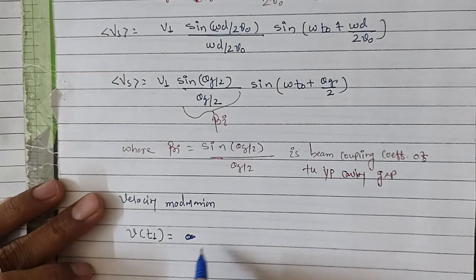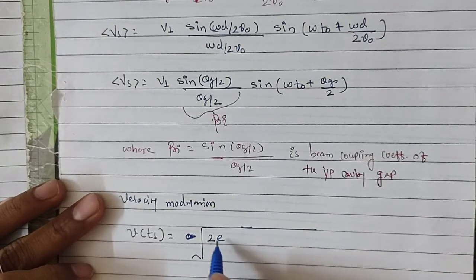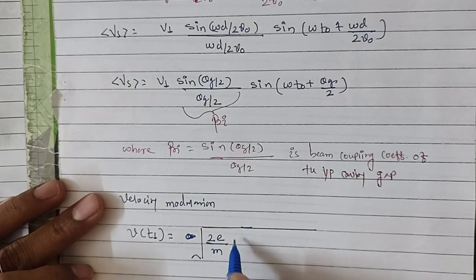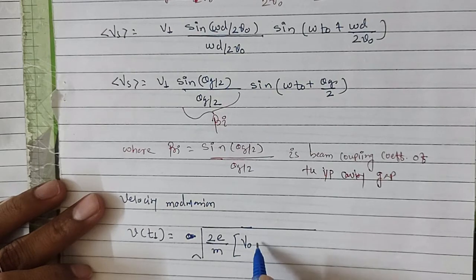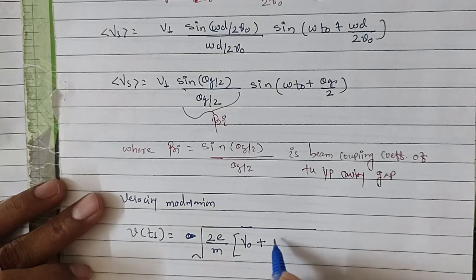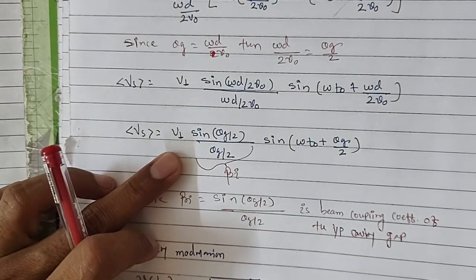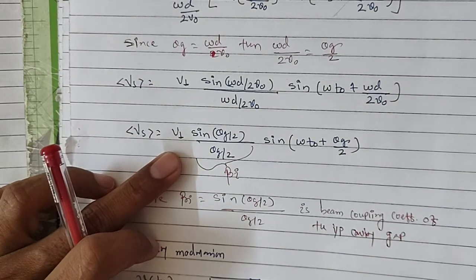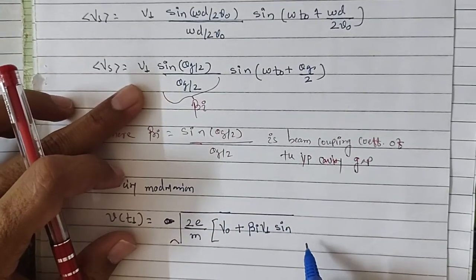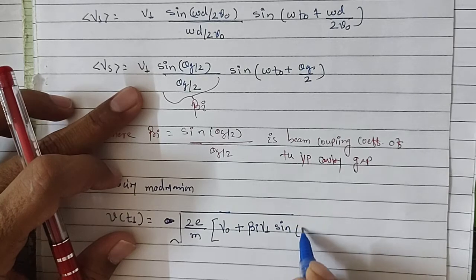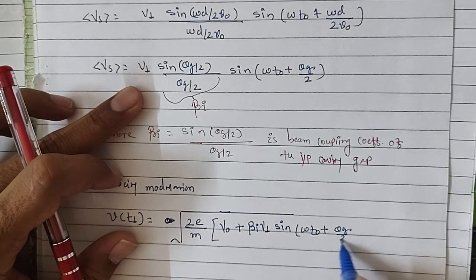So V of T1 is under root of 2E by M times V0, the DC voltage, plus the average microwave gap voltage, which is beta I V1 sine omega T0 plus theta G by 2.